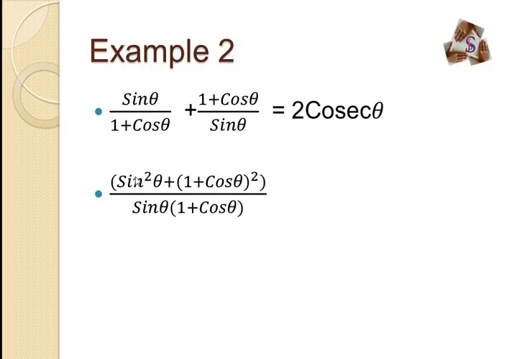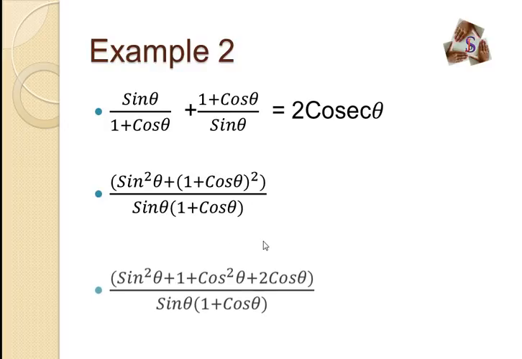So how do I simplify it? It's just like how we cross multiply. So it's sin theta into sin theta plus 1 plus cos theta into 1 plus cos theta, whole divided by sin theta into 1 plus cos theta. So that becomes sin square theta plus 1 plus cos theta whole square, by sin theta into 1 plus cos theta.